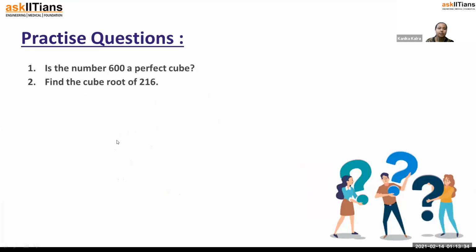All right. So these are the practice questions. Is the number 600 a perfect cube? So if we talk about 600, let's find out the prime factorization of 600.